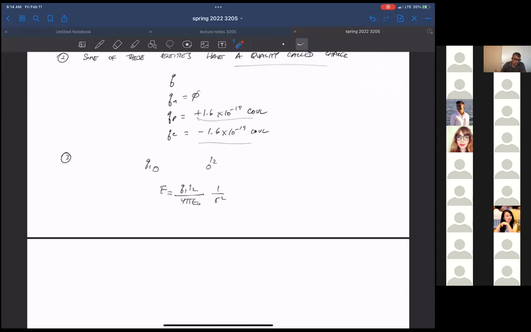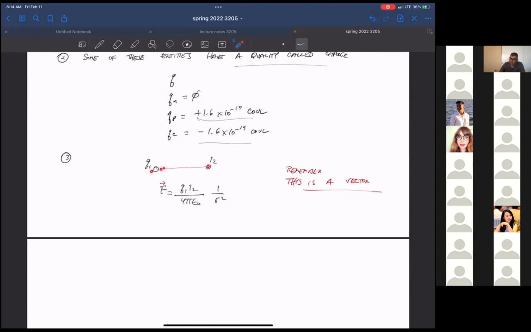Okay, and you also have to remember, and I apologize because I tolerate this in myself, but I won't in your tests, that this is a vector. What I just drew there is just the amplitude of the force, but you have to remember that this is a vector, because we're talking about two charges in this particular case, and they're working on each other.